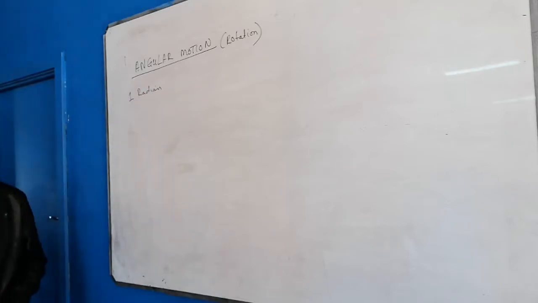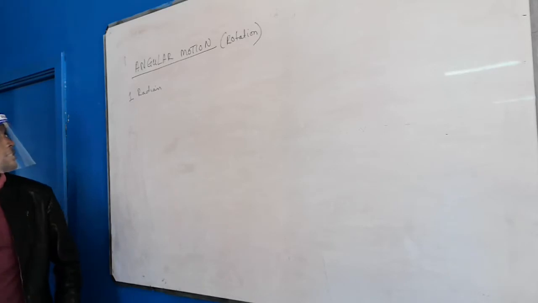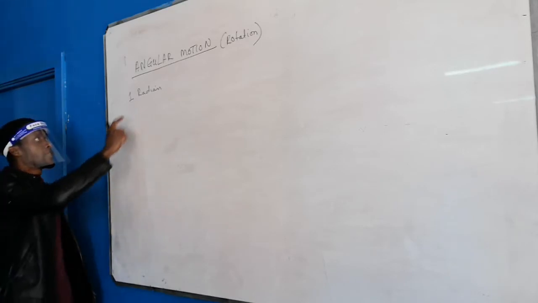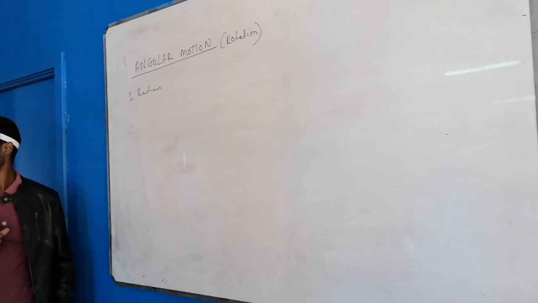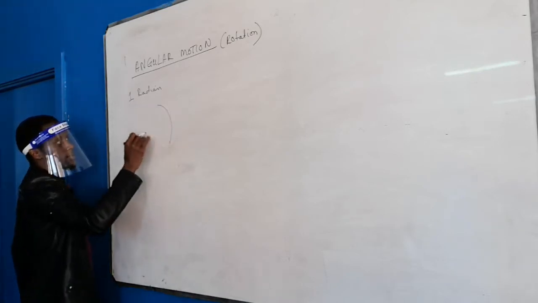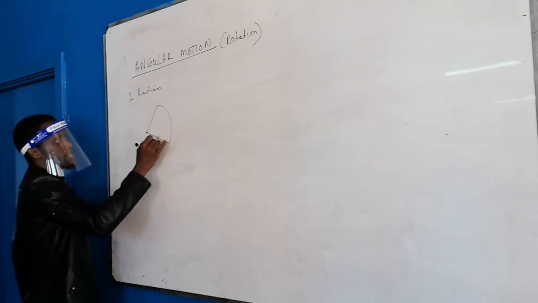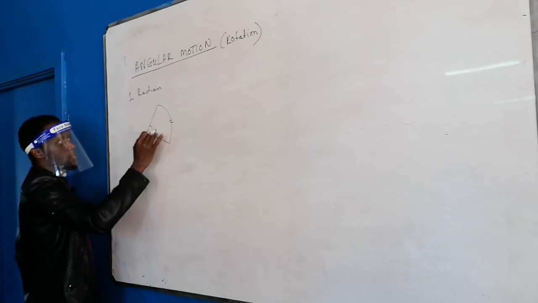So 1 radian is the angle that makes the arc length equal to the radius, right? So you may ask, you have an arc length. This is equal to that. What you have here is 1 radian.